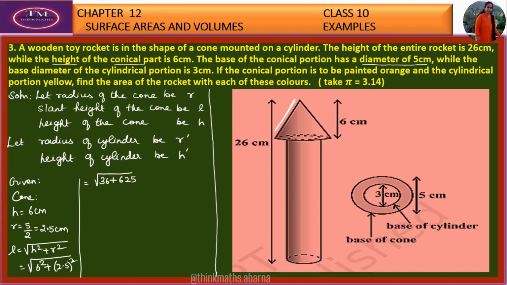Now the decimal is one place in 2.5 into 2.5, so it will make two decimal places, so it is 6.25. If we add 36 plus 6.25, we get 42.25.